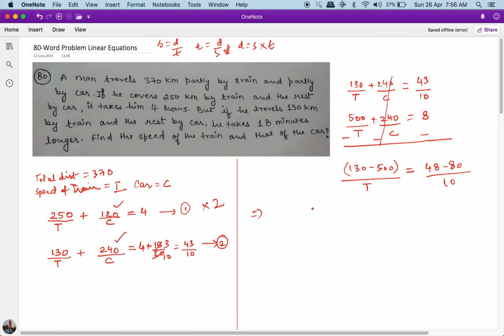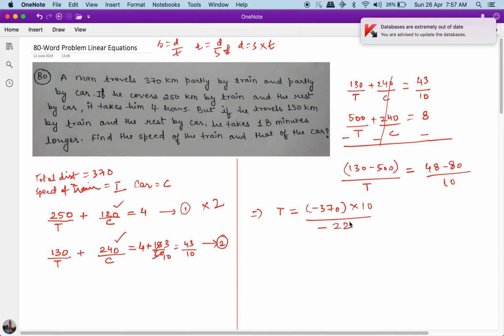So I'll take cross multiplication, and what I get is t is equal to 130 minus 500, which is minus 370, into 10, divided by minus 43 minus 80, which is minus 37. Sorry, and the minus minus gets cancelled.